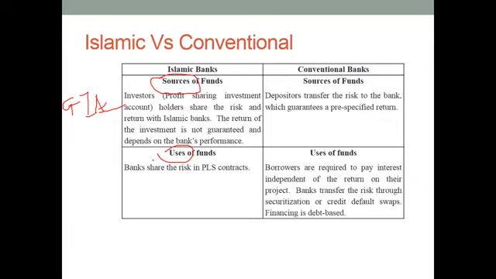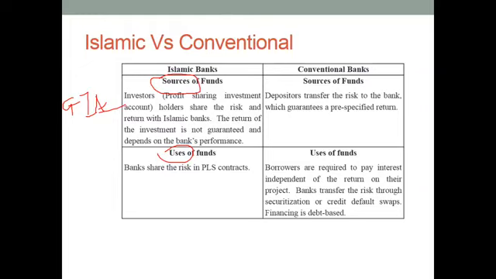But in reality, yesterday, I asked you to compare the reality about Islamic banks and also the conventional. The Islamic banks still use more debt as compared to the profit and loss sharing contracts.